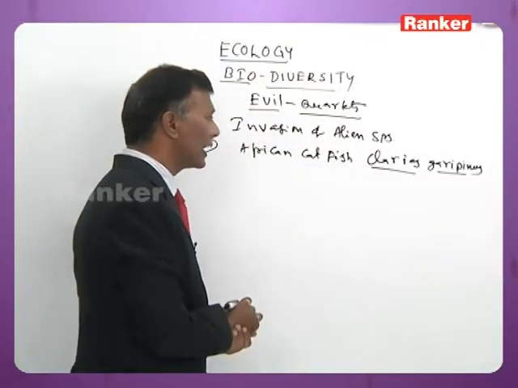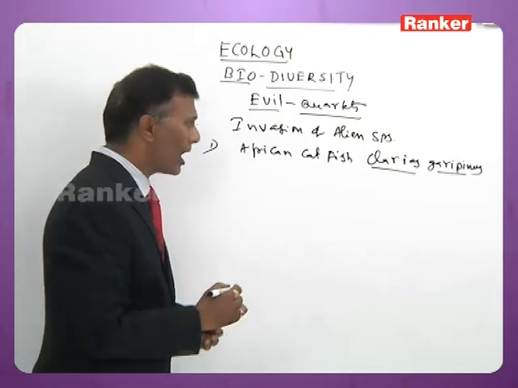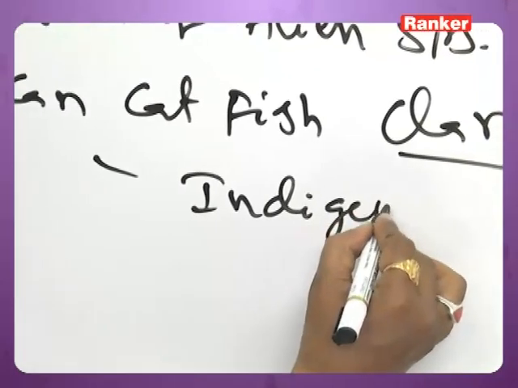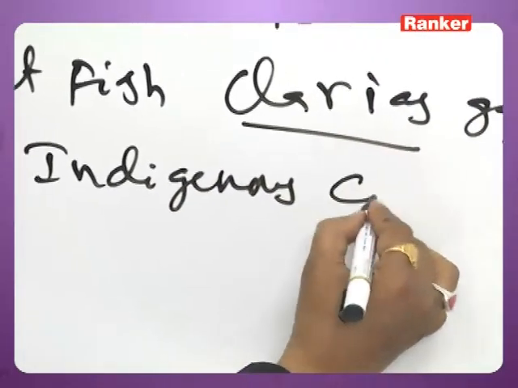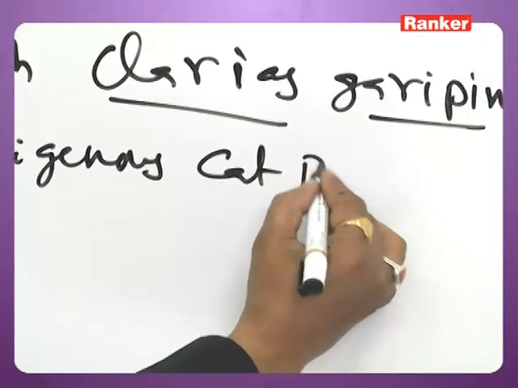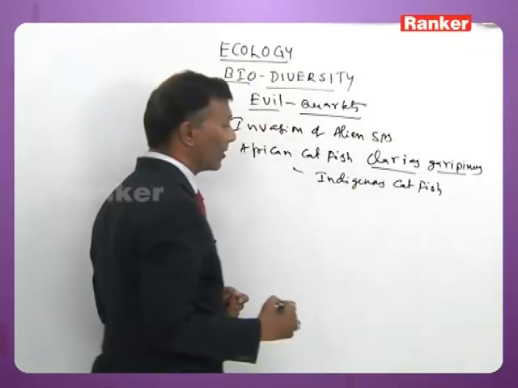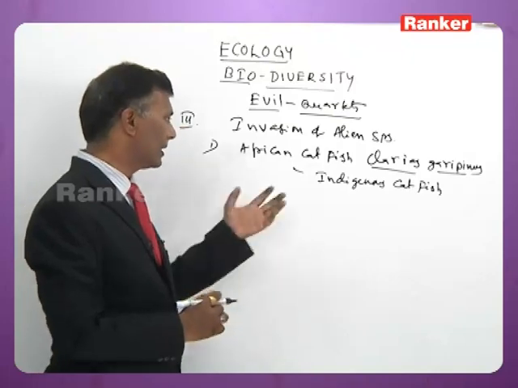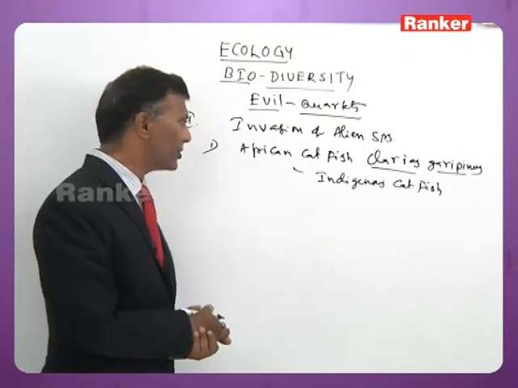African catfish Clarias gariepinus, when it was introduced into the USA in America, caused the death of several indigenous catfish.